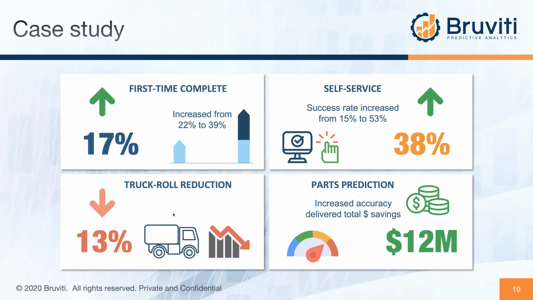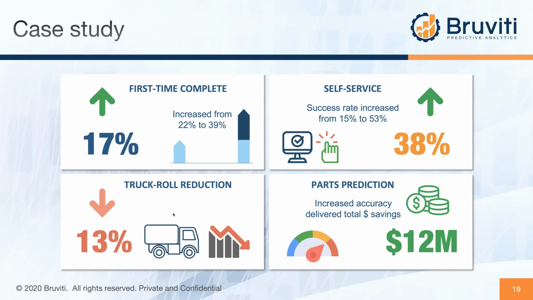They and their service technicians had a lot of experience in it. But even in this case, getting parts prediction better, even by a few percentage points, in this type of environment leads to considerable savings in truck roll reduction, and with that, overall better customer satisfaction.